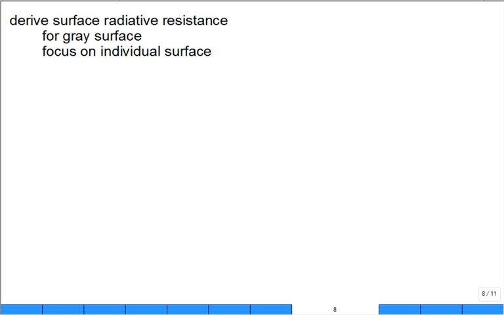Let's go ahead and derive that 1 minus epsilon over epsilon A. The derivation is probably one of the more detailed calculations in this chapter. It's not that hard. So think about a surface right here, and I have some incoming irradiation, incoming flux, G. What happens to the G?